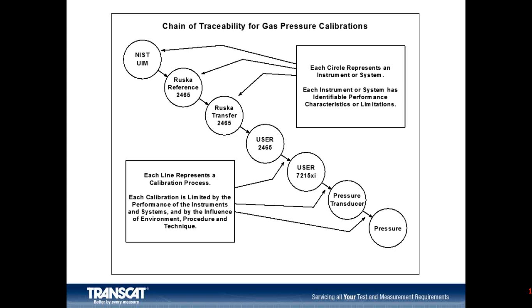In addition to that, however, there are lines connecting each of these circles, and those lines represent a measurement process. There's a measurement involved each time we transfer from one standard, from one artifact to another, from a standard to a test item. And in that measurement process, there are typically additional uncertainty influences from environment, from procedure, from technique. And all of those accumulate as we move down the chain.